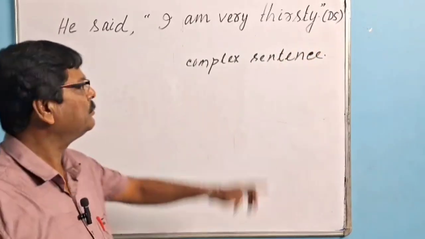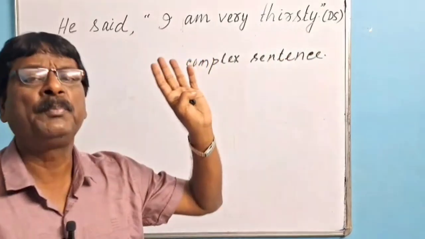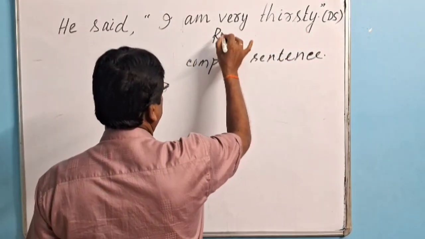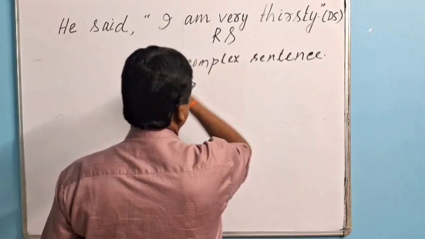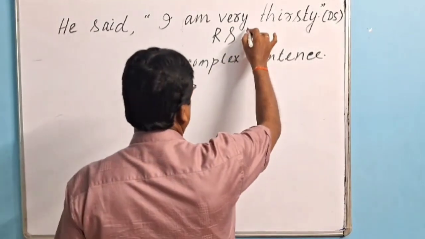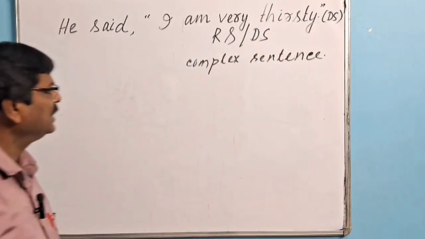And the sentence within inverted comma is called reported speech, RS, or direct speech, DS.